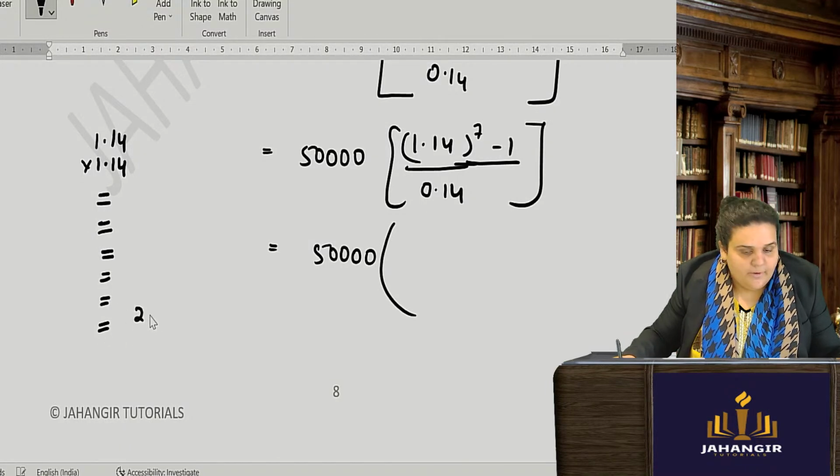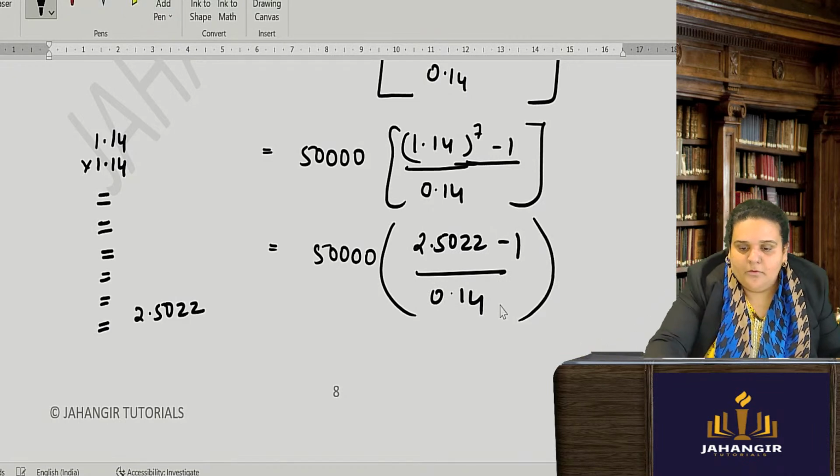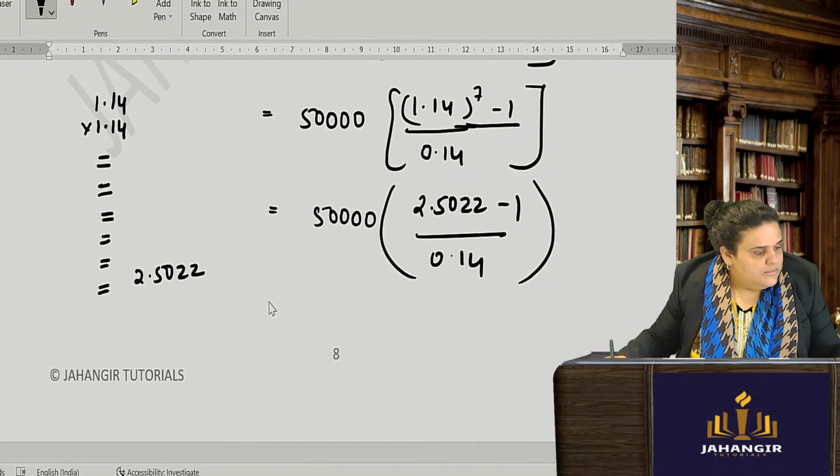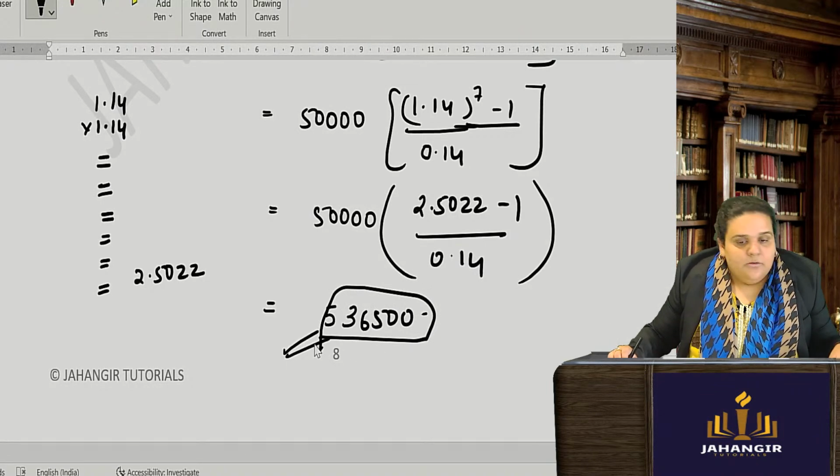You will get 2.5022. So 2.5022 minus 1 upon 0.14. The answer will come as 5,36,500 when you solve it.